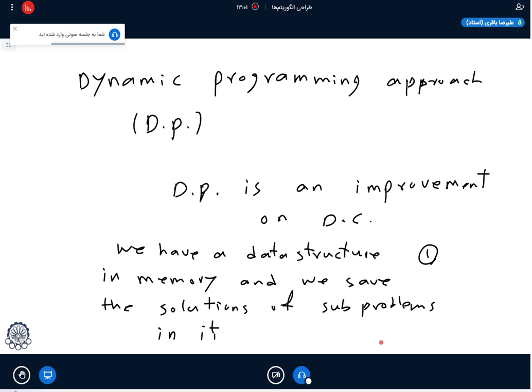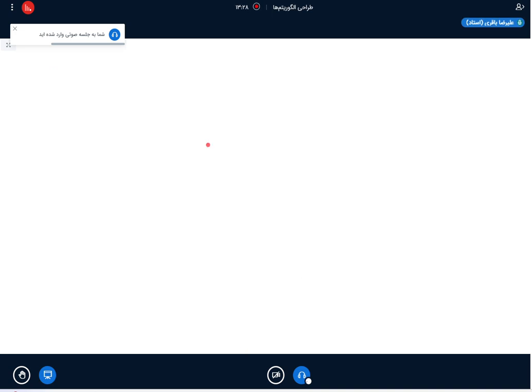We can save the time, and we do not need to solve similar subproblems again and again. We only solve one subproblem, and the similar subproblems use the solutions that are stored in the memory. Let me describe this method during an example.